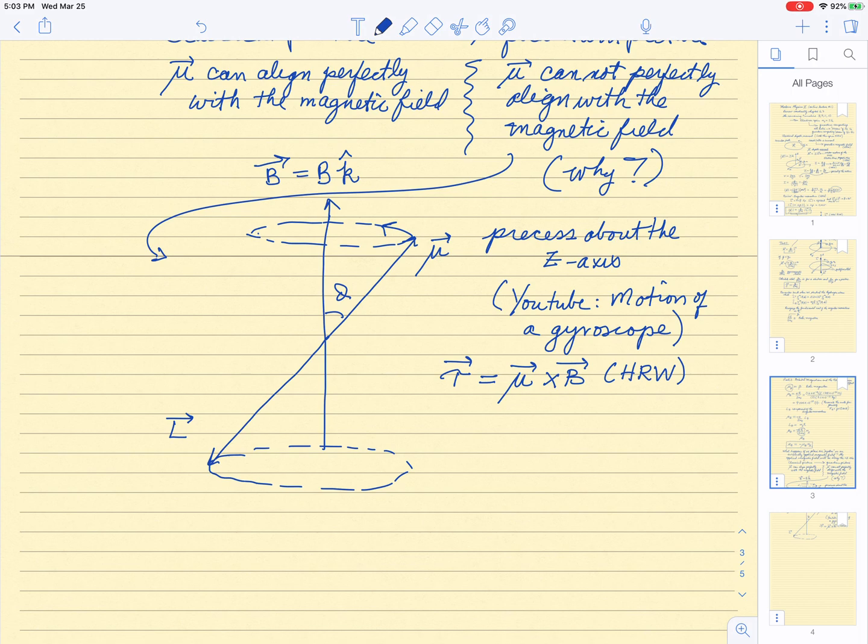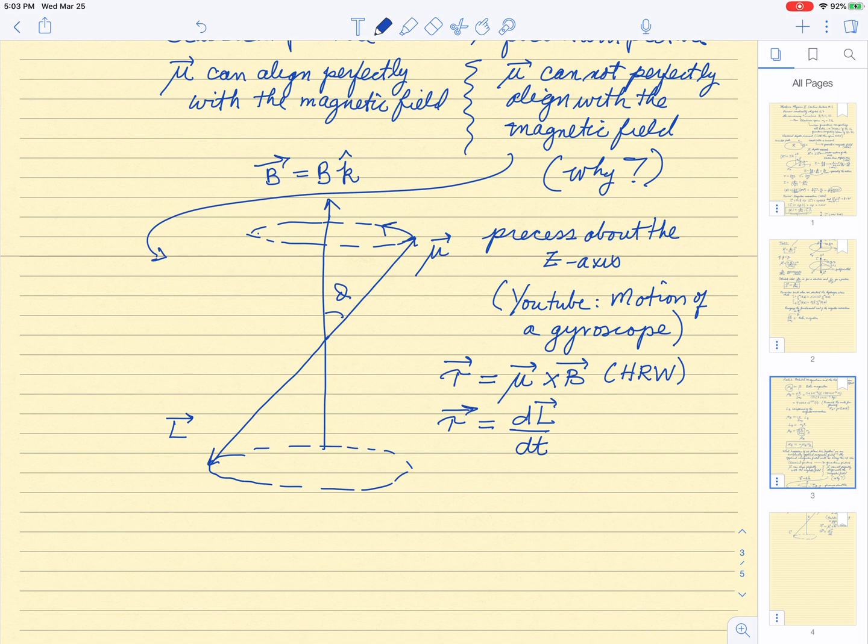Please also note that there are many recipes for the torque, and we'll use two here, and I think we went over like 4 of them in lecture, so that should be in your notes, and I'm not going to review that here. Again, you could certainly review that in Halliday, Resnick, and Walker, but the torque is also equal to the change in the angular momentum with respect to time.